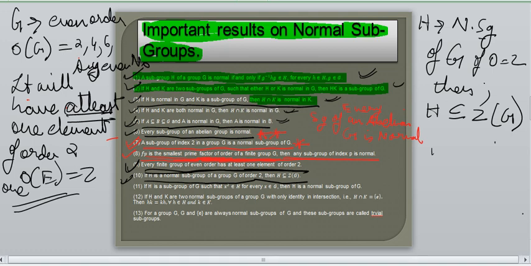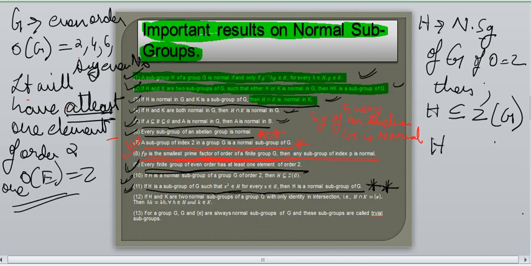Let's move on to our 11th point. If H is a subgroup of G and x squared belongs to H for every x belonging to G, then H is a normal subgroup of G. You might want to mark this as important as well. So what does it say?